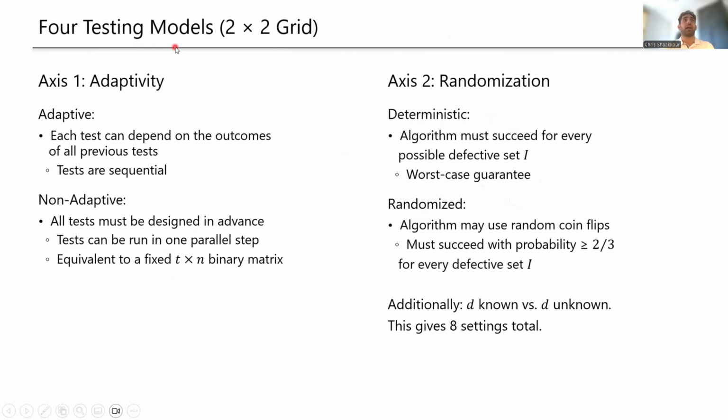So we have adaptive, non-adaptive, randomized, and deterministic, and we're going to see all these combinations. We're going to see all the upper and lower bounds for all these combinations of algorithms. So we can use adaptive with deterministic and randomized, and also non-adaptive with deterministic and randomized.